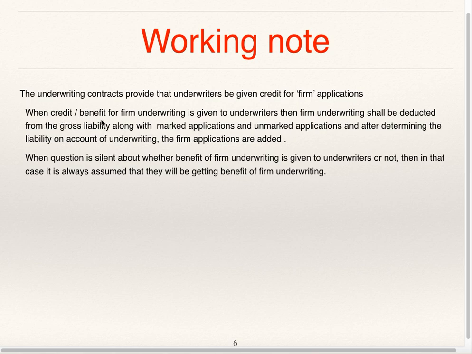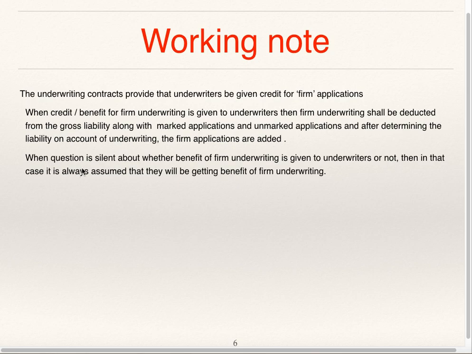When credit or benefit for firm underwriting is given to underwriters, then firm underwriting shall be deducted from the gross liability along with marked applications and unmarked applications, and after determining the liability on account of underwriting, the firm applications are added. That is what we did in the first illustration which we have solved earlier.